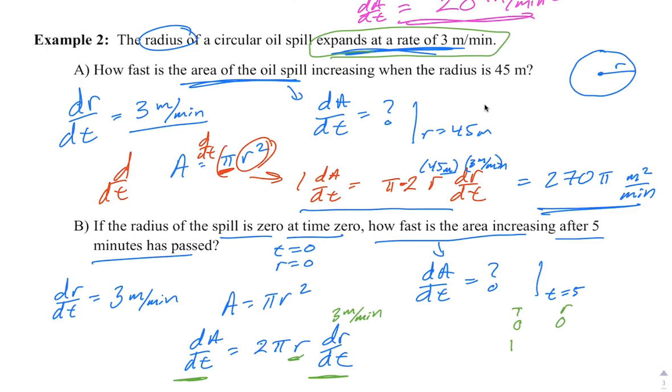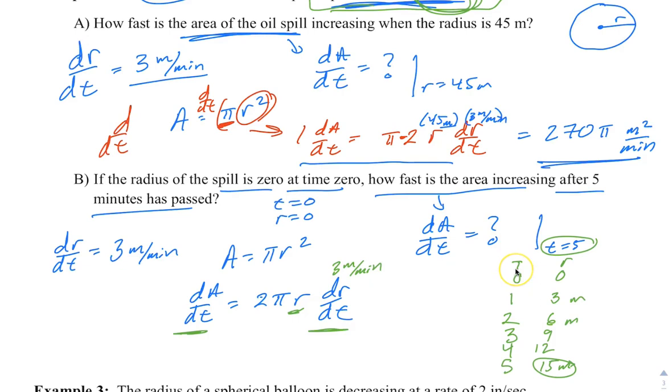After a minute, it's 3 meters. After 2 minutes, you increase another 3 meters, so it's 6 meters. Then 9, 12, and 5 minutes is 15 meters.